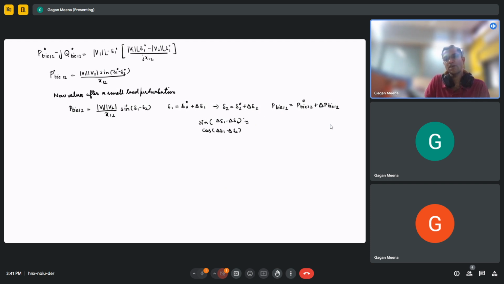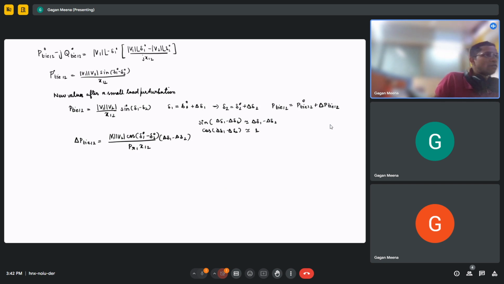We know that for small angles sine delta is equal to delta and cos delta is equal to 1. After substituting all this, we finally get delta P tie 12 is equal to V1 V2 cos of delta 10 minus delta 20 divided by x12, into delta delta 1 minus delta delta 2, and this we can call T12.